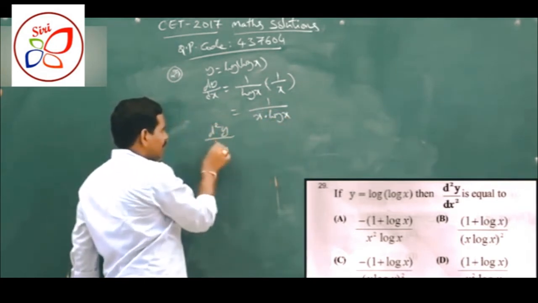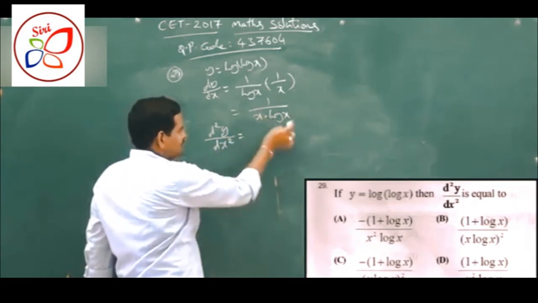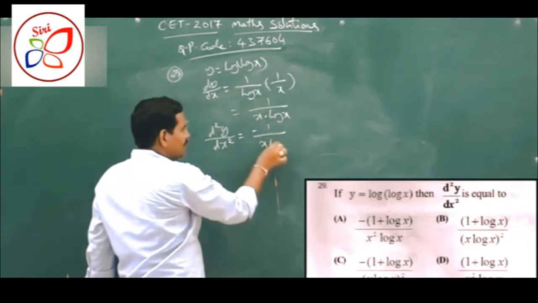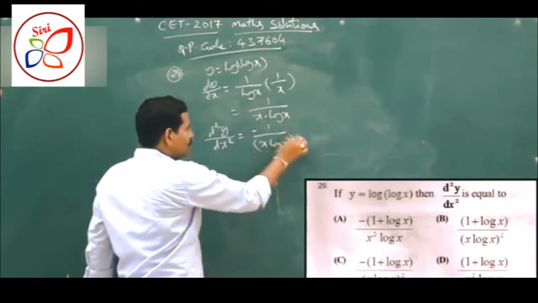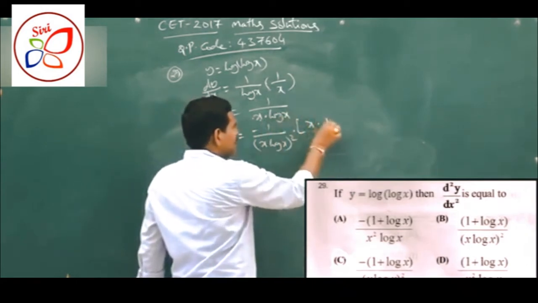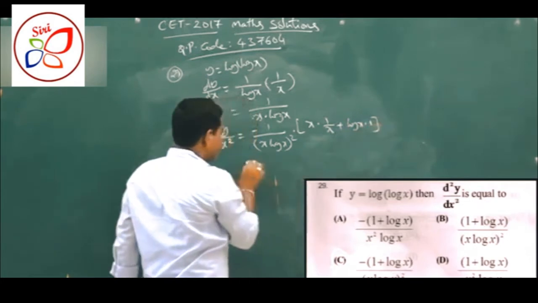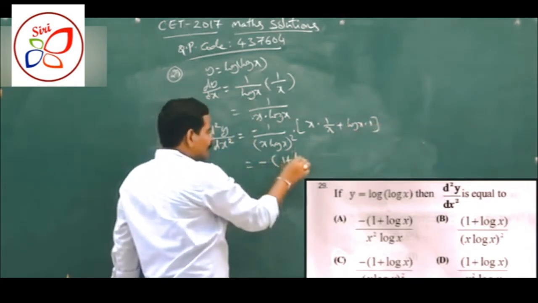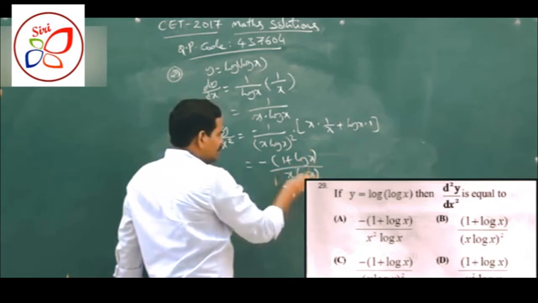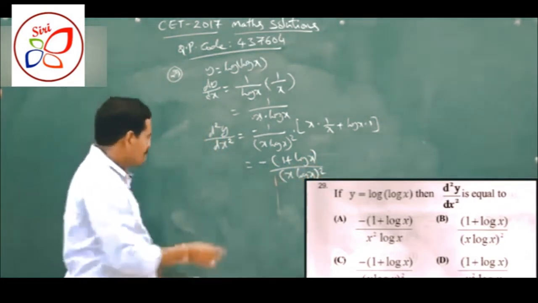Again differentiating with respect to x, d square y by dx square. Suppose if it is x, 1 by x derivative is minus 1 by x square. It means x log x whole square into its derivative. UV rule. X, its derivative 1 by x, log x, x derivative 1. So minus of 1 plus log x divided by x log x whole square, which is third option C.